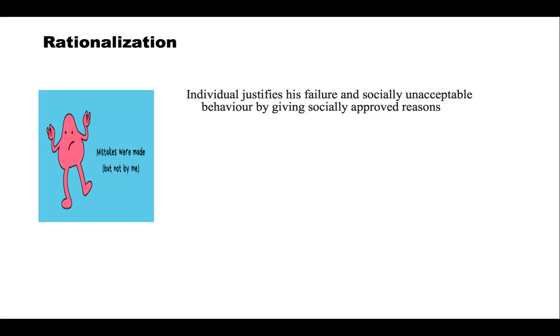Another example, a student who failed the examination may complain that the hostel atmosphere is not favorable and has resulted in his failure. These are all examples of rationalization, that is giving justification or reasons for one's failure.